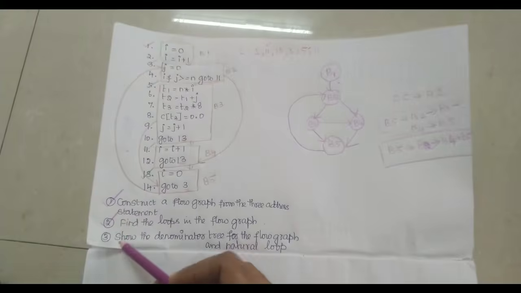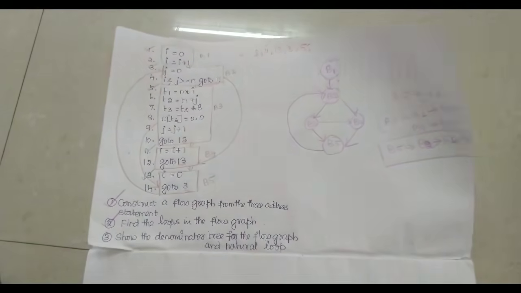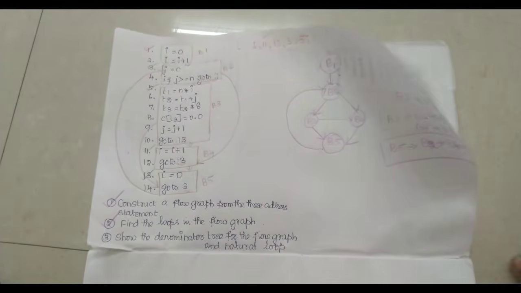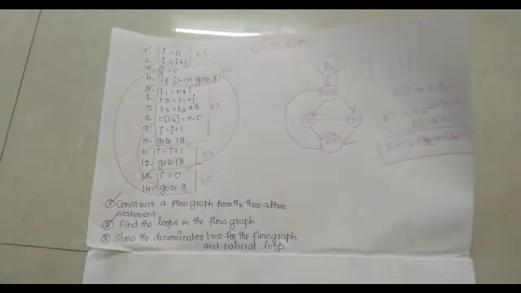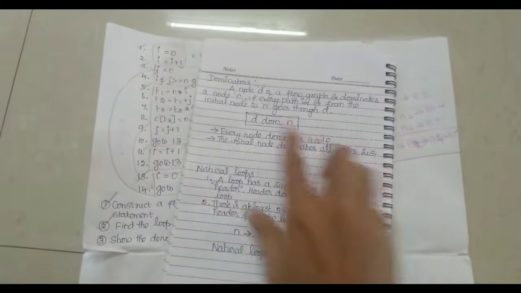The third problem is how to show the dominator tree for the flow graph. So before going to the dominator tree, let us see what a dominator is.